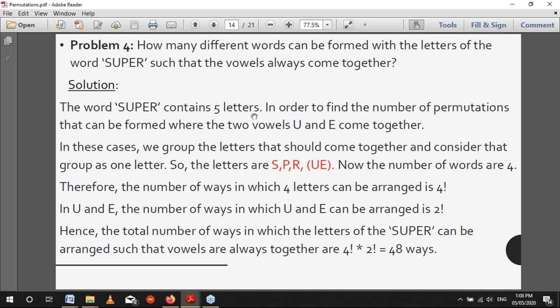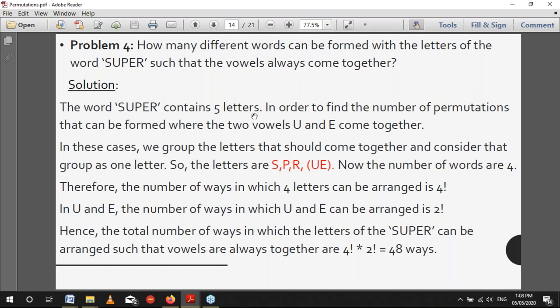Now, super contains 5 letters. But in order to find the number of permutations where the two vowels U and E come together, we treat them as one unit.